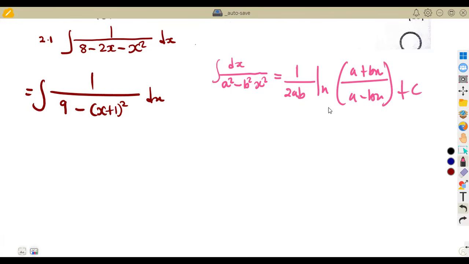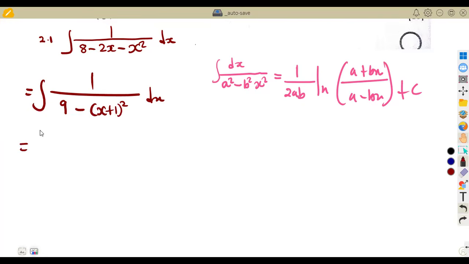So let us interpret our formula. The integral of this, is it exactly? Yes, this is 3 squared for a squared. Then b squared, we do not have a number, so you're just going to write it as 1 squared. Then x squared is represented by the bracket of x plus 1.